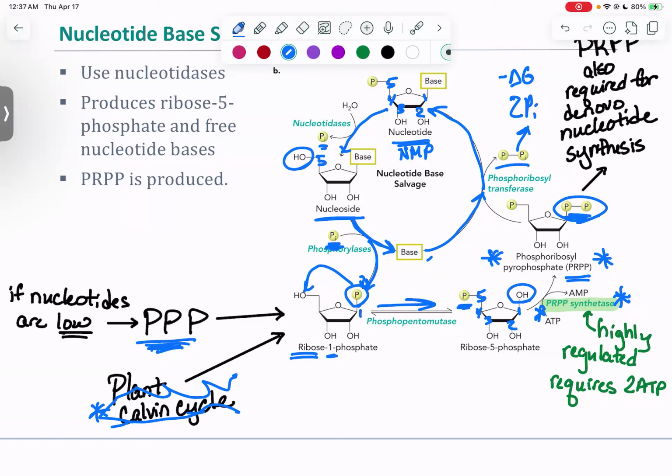And so this requires the equivalent of 2 ATPs worth of energy, because in order to regenerate this, you have to go from AMP, which is 1 phosphate, to ATP, which is 3. So it's really an equivalent of 2 ATP. So you have to prime that sugar to accept the pyrophosphate so that then the base can be attached where this pyrophosphate now is.